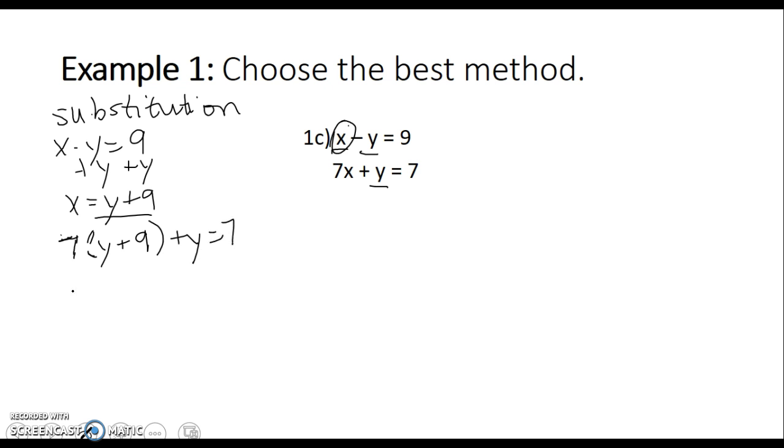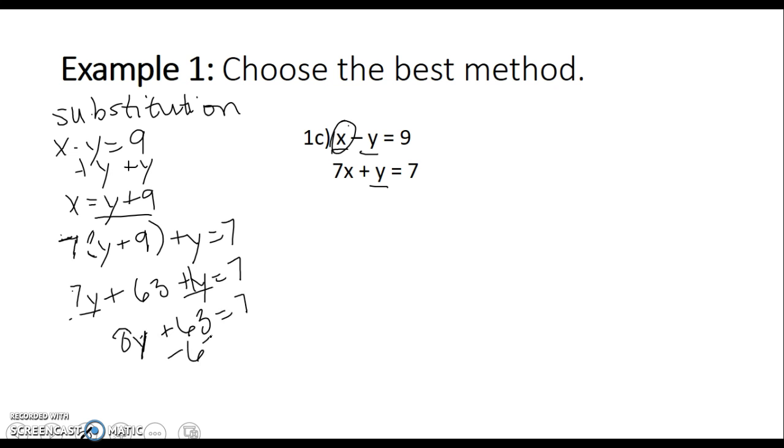I distribute that 7, so I have 7y plus 9 times 7 gives us 63 plus y equals 7. I can combine some like terms here. I have 7y and y, which is like 1y. 7y plus 1y gives me 8y plus 63 equals 7.